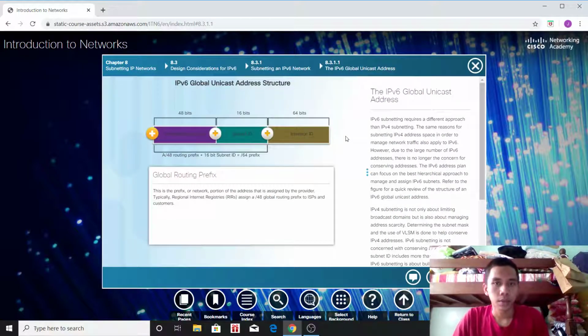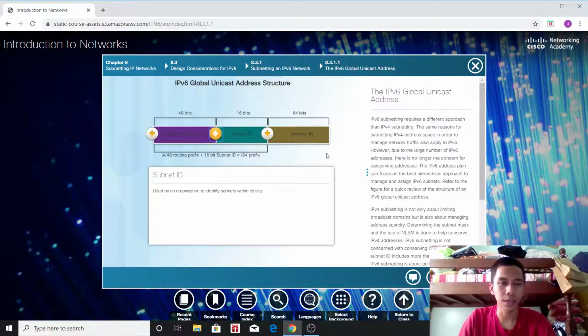So the IPv6 global unicast address structure. We have here the global routing prefix. This is the prefix or network portion of the address that is assigned by the provider. Then the subnet ID is used by an organization to identify subnets within its site. Then the interface ID is the equivalent of the host portion of an IPv6 address.